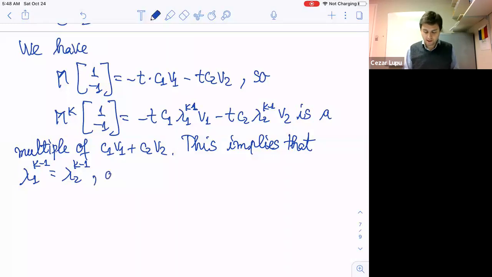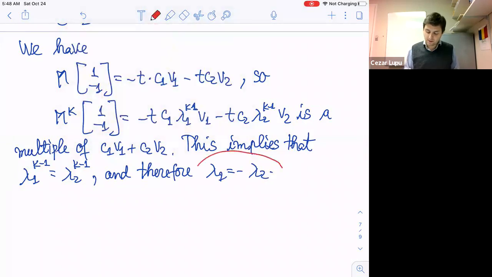And since they're distinct, this implies that lambda 1 is negative lambda 2. So we have this relation between the two eigenvalues, because both of them are real and, moreover, distinct.